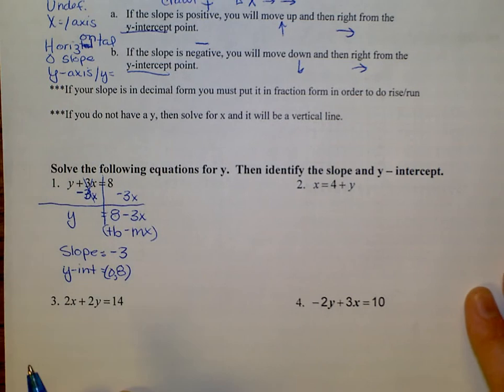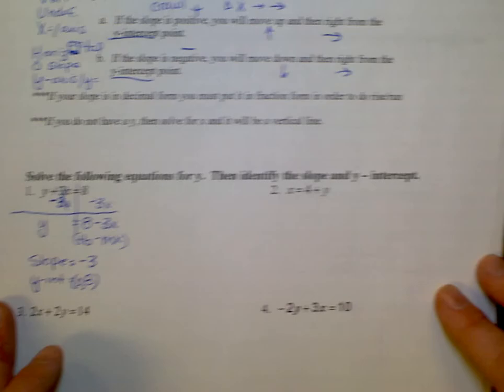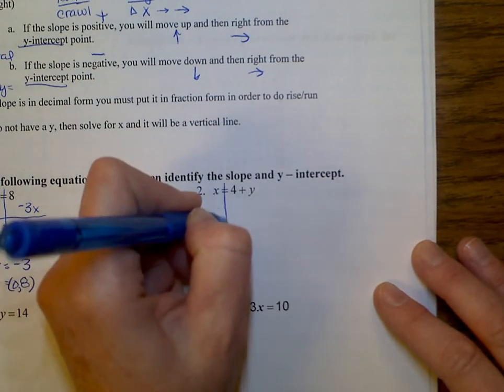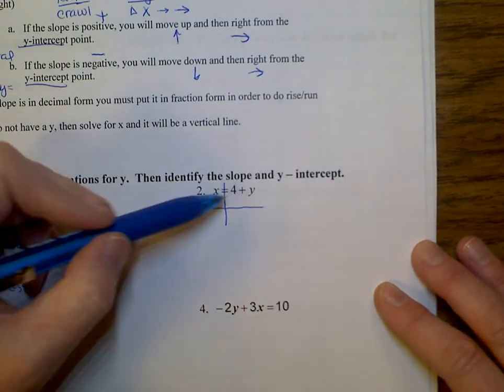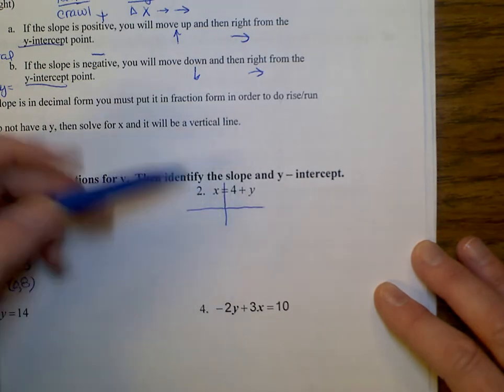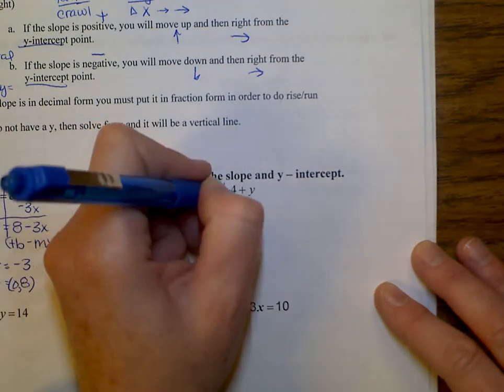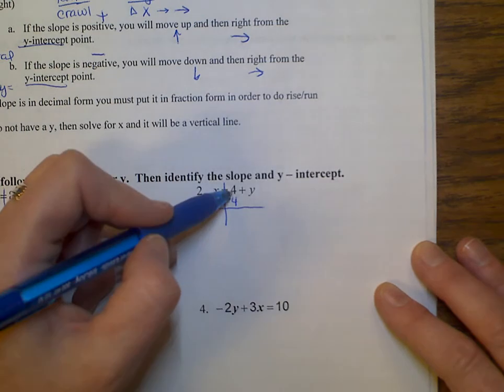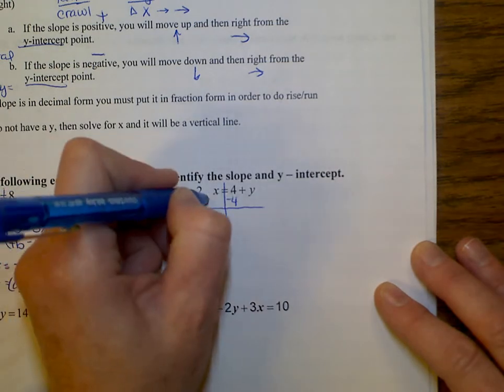Let's look at number 2 real quick. We need to get y by itself, so I need to move this 4 over here with the x so they can hang out together. To do the opposite is to subtract 4, because this is a +4, from both sides.